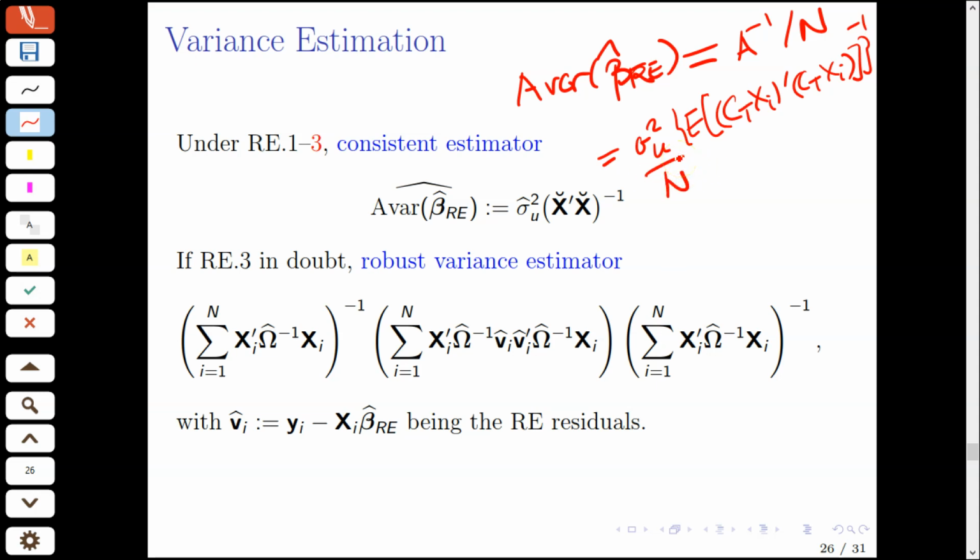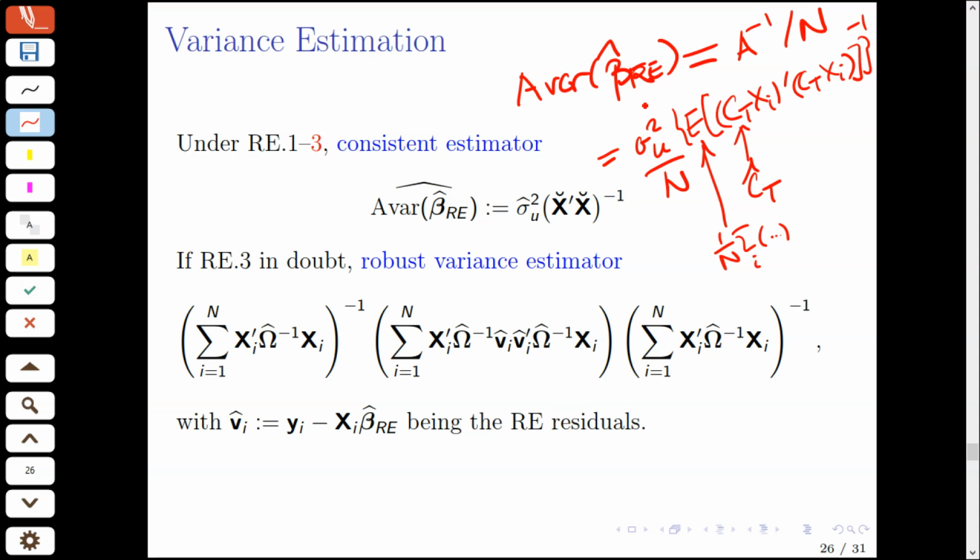We may invoke the analogy principle and replace unknowns with consistent estimators. So here, in order to obtain a consistent estimator of the asymptotic variance of the random effects estimator under assumptions RE1 through 3, I've replaced Ct with a consistent estimator, say Ct hat, and the expectation with an average, and I've replaced the variance of the idiosyncratic error with a consistent estimator.